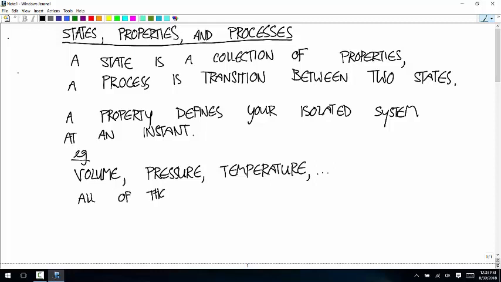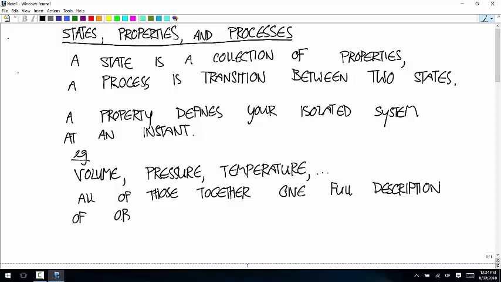So all of those together give a full description of the object at that instant, or the system at that instant.